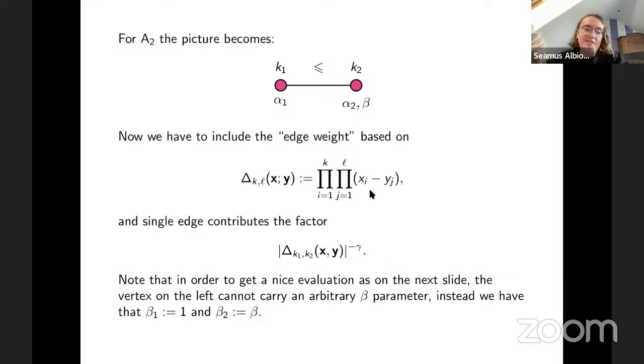And the weight of an edge will be, you take this Vandermonde type product, take the absolute value, and you raise it to the power minus gamma. And there's one other thing which I haven't mentioned yet, which is that I'm allowed to have two alphas, but I'm only allowed to keep one beta. Okay. And there is a reason for this, and I'll explain the reason a bit later.